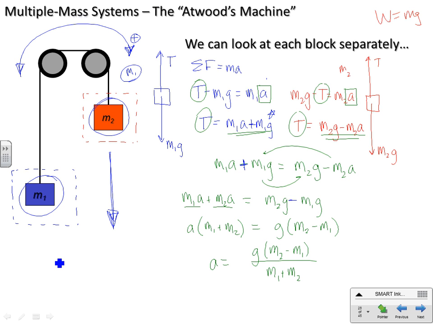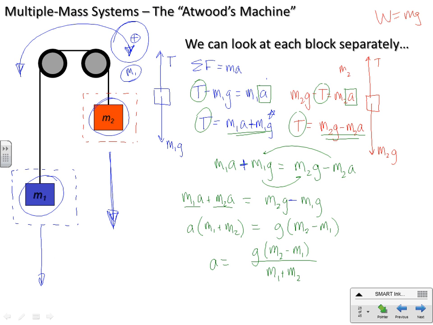If m1 is bigger than m2, then that means a is going to come out negative. And again, since we chose positive as this direction, if m1 is bigger than m2, then our acceleration is negative, and it means that this thing goes that way and m2 goes up. Make sense? Right? Right.